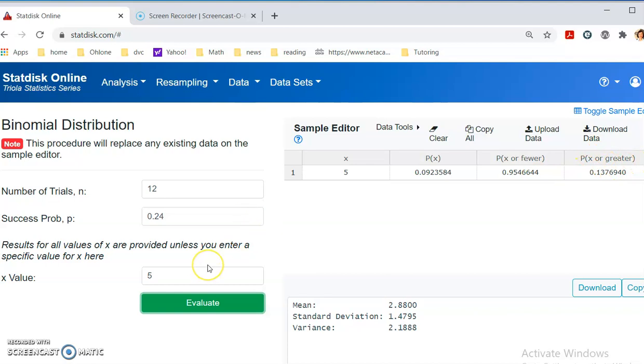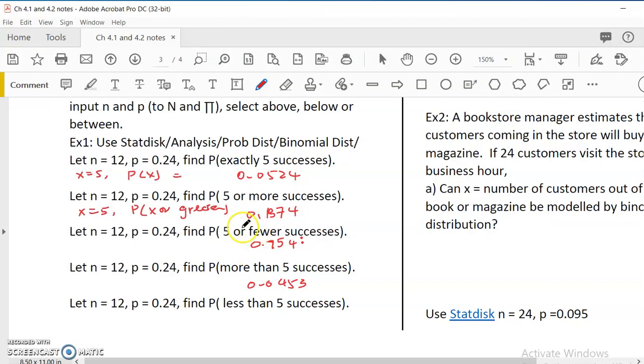Okay, so they give us 3 probabilities, so it depends on what you want. If you do want 5 or fewer, you would enter x equal to 5 in the calculator, but you read off x or fewer. That means 5 or fewer. It would give us the probability of 5 or fewer.